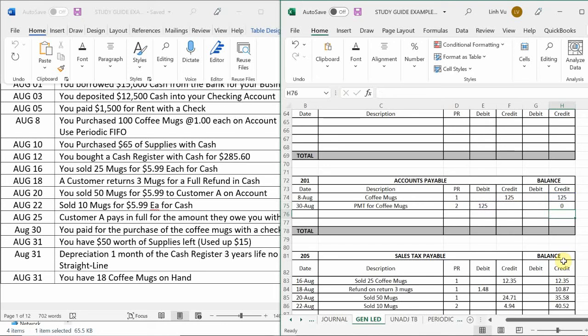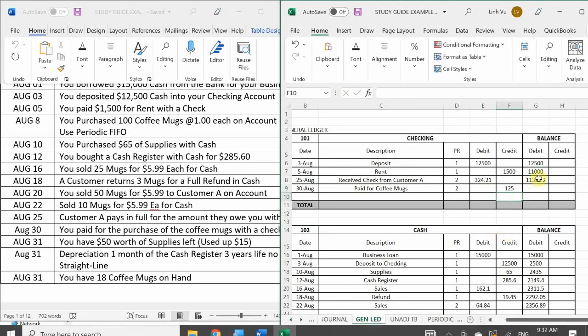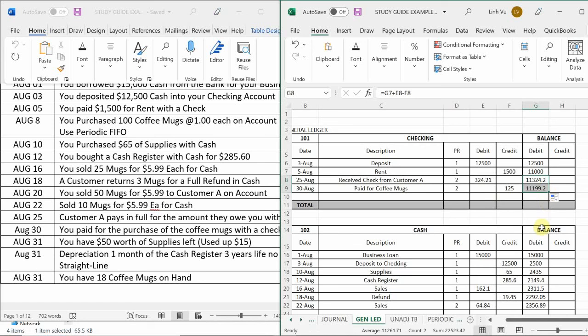That brings the account down to 0. And because we paid with our checking account, that was for $125. So now your account has decreased down to $199.20.